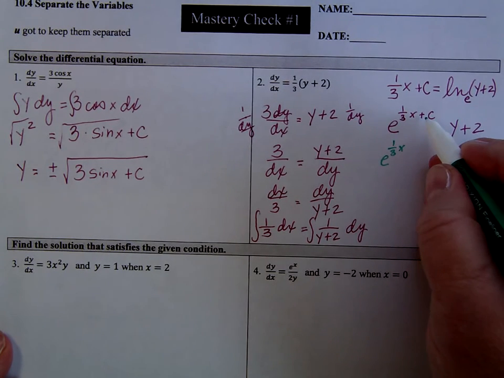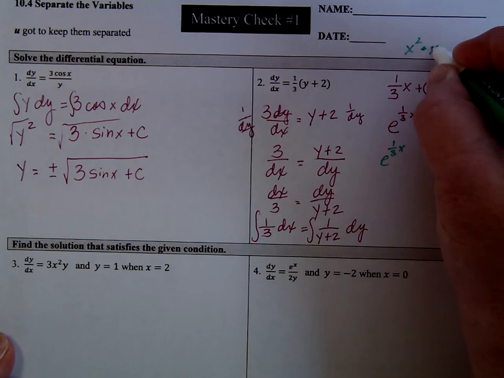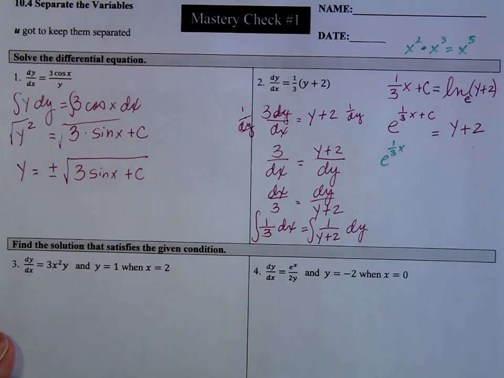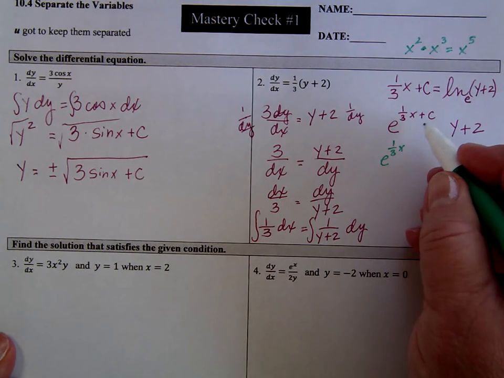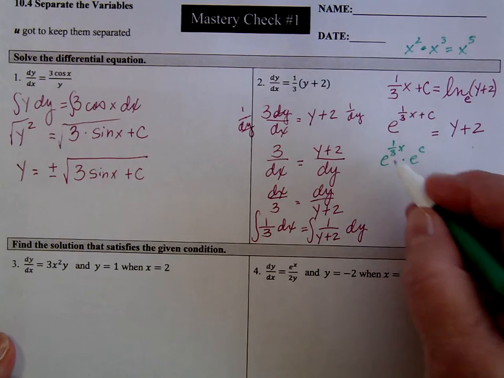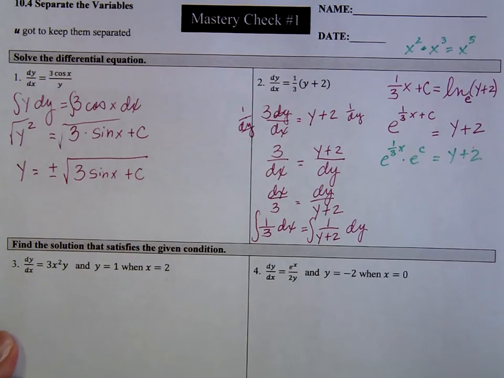If it's a plus, remember with exponents, like say I had x squared times x cubed, I would add the exponents to be x to the 5th. So same idea with this. If I'm adding the exponents, it's really the same thing as me multiplying those two things, equals y plus 2. I'll change the color just so you could kind of get the gist here.